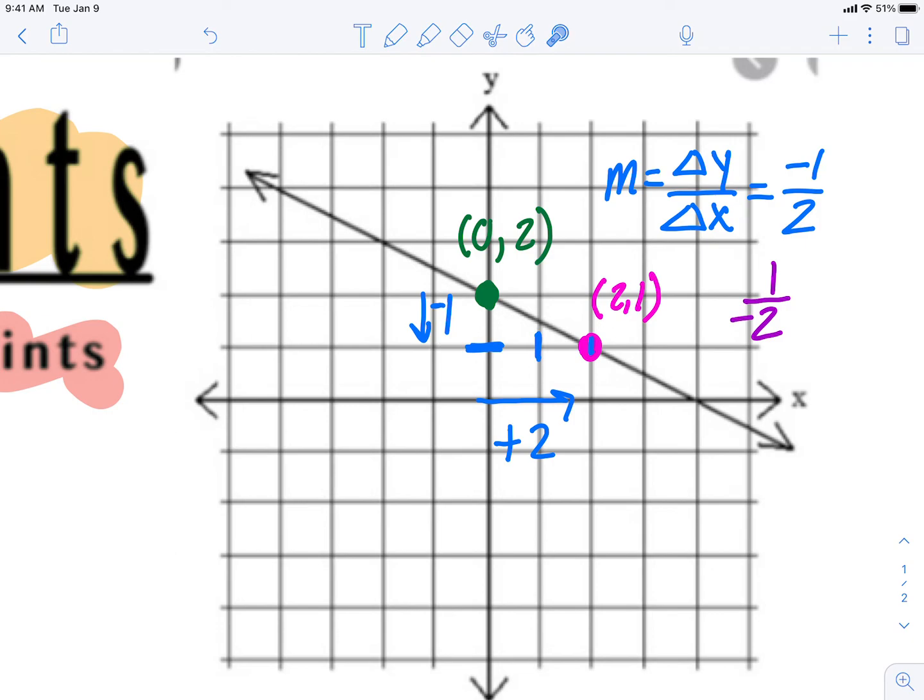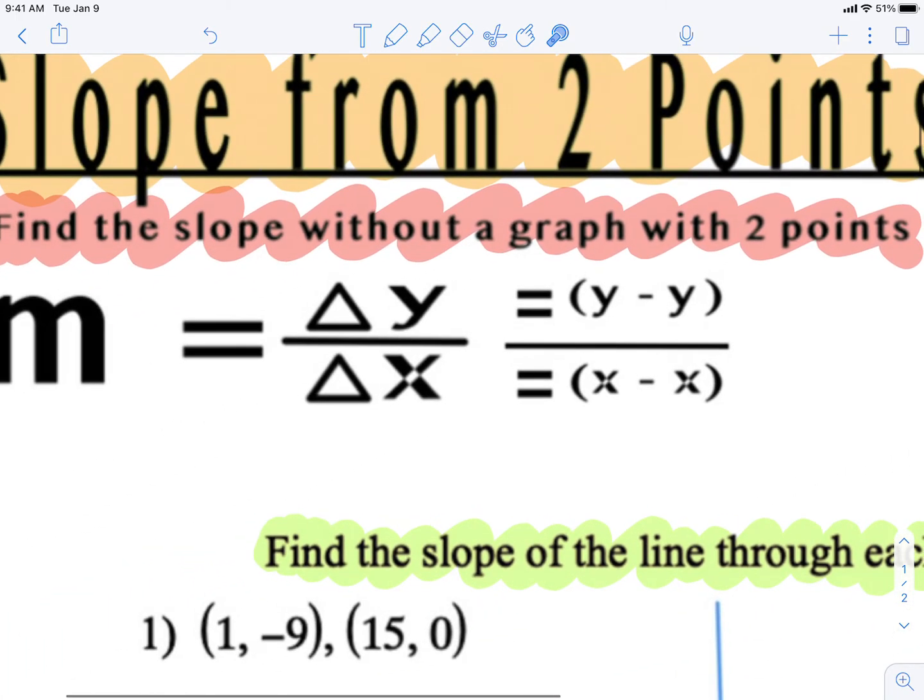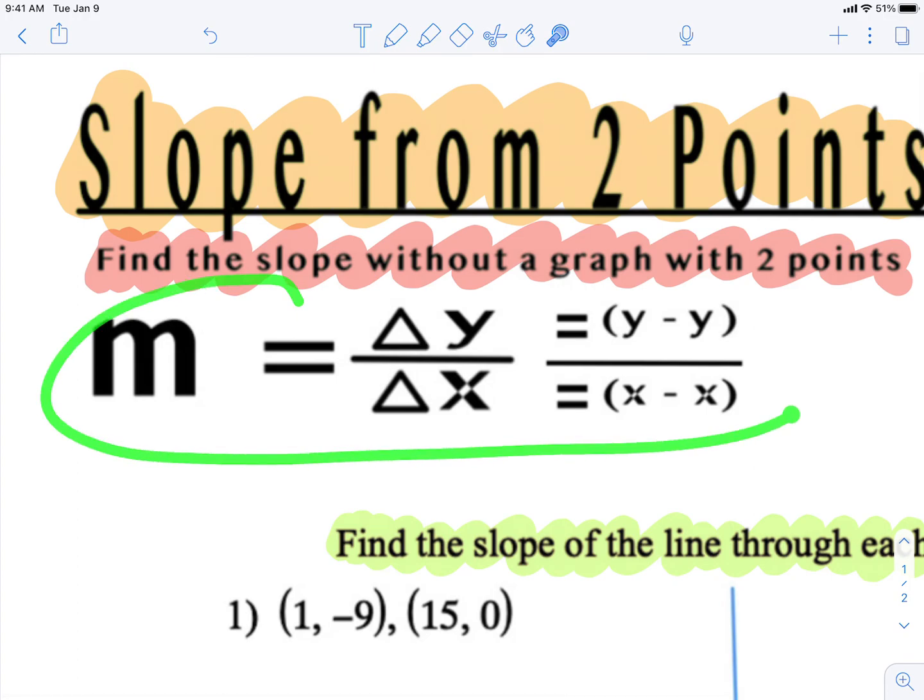I can have a point all the way over here, or way up there, or way down here, which you can't see. So we can't have a graph, because the points are too separated. This is when we use our formula.